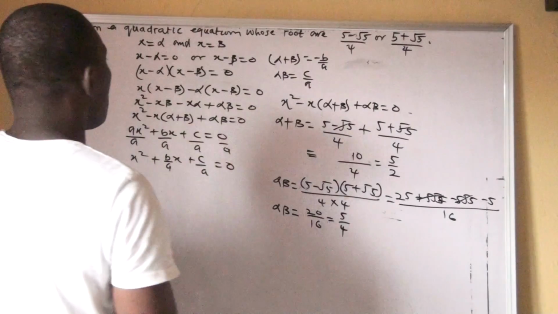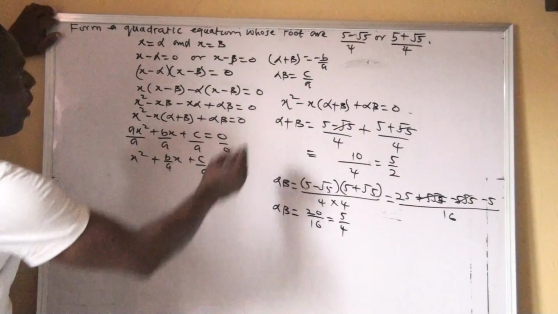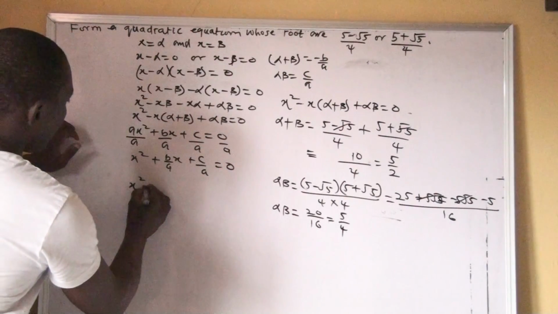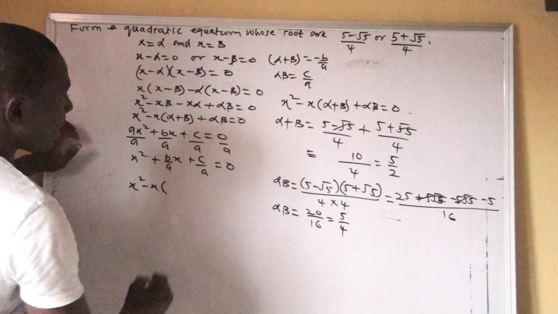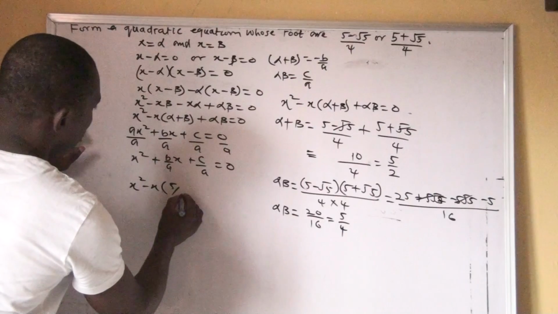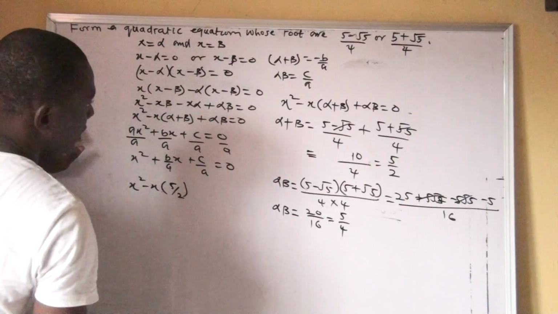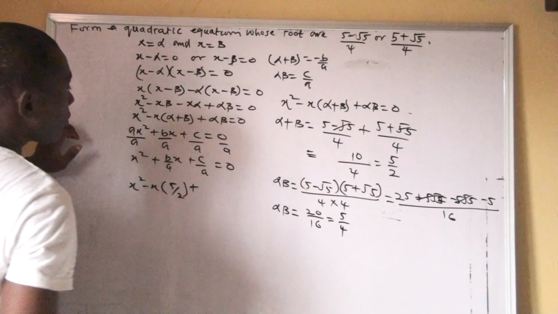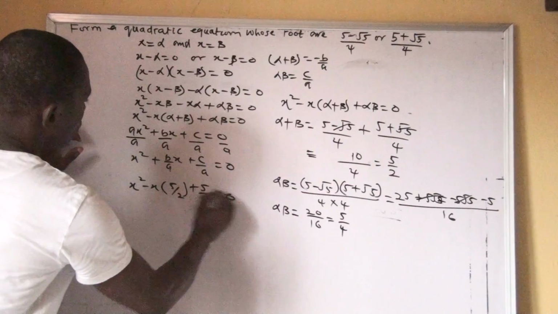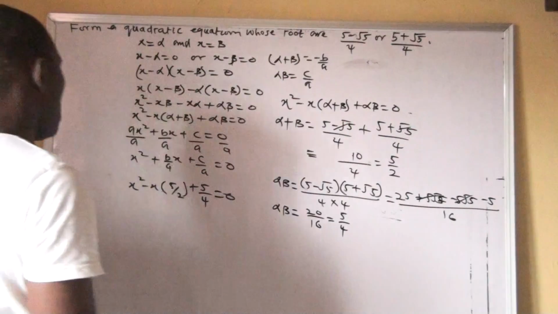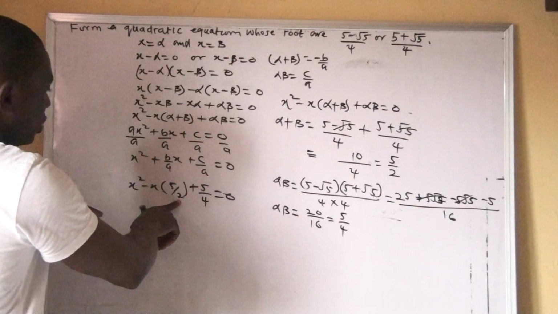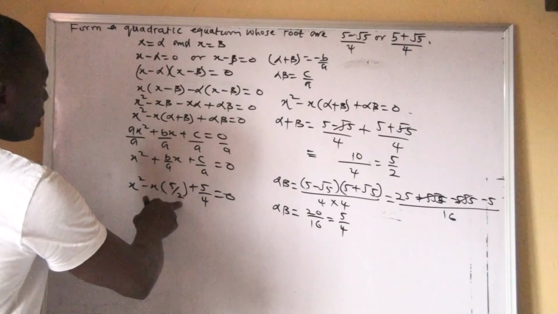Then we quickly come to our equation. It will become x squared minus x(the sum of the roots, 5 over 2), plus the product of the roots, 5 over 4, equals 0. So all we need to do here is make this one linear, so we multiply through by the LCM of 2 and 4.